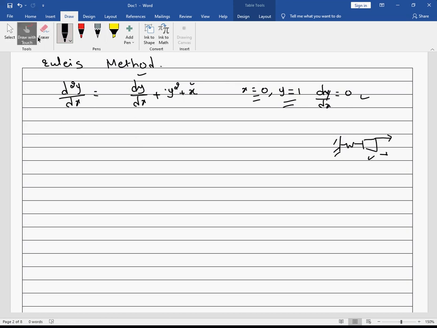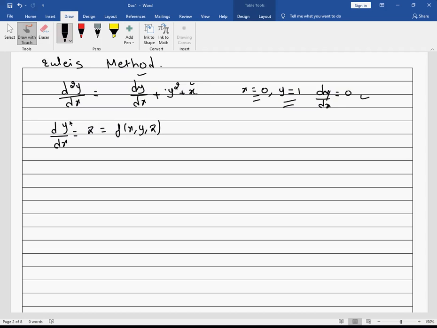So now for this, we have to split this into 2 parts. What I'm going to do is put dy by dx equal to z, which I can call f of x, y, z. So it is a function of x, y, and dy by dx.